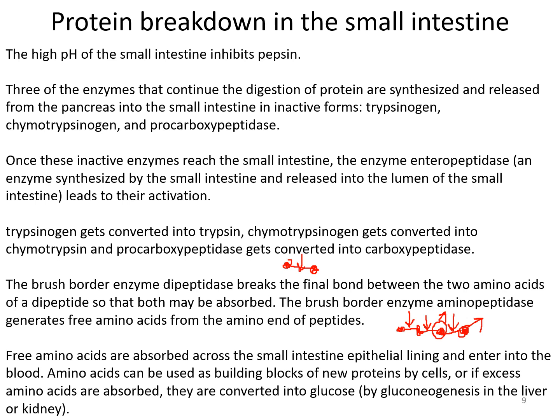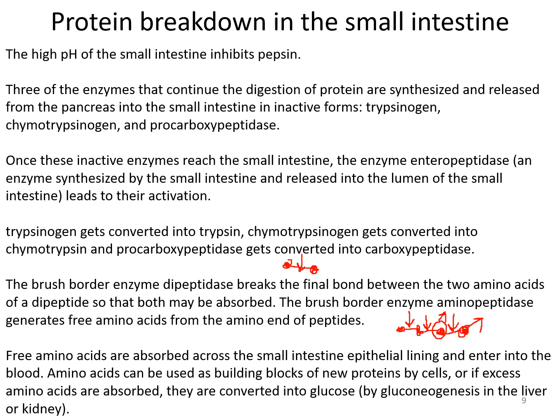Okay, so once we have all of the free individual amino acids, they get absorbed across the small intestine epithelial lining and they get into the bloodstream, just like we saw with the individual carbohydrate molecules for the sugars. And then from there, just like for carbohydrates, they're going to go to the liver. There's no conversion that needs to happen there.